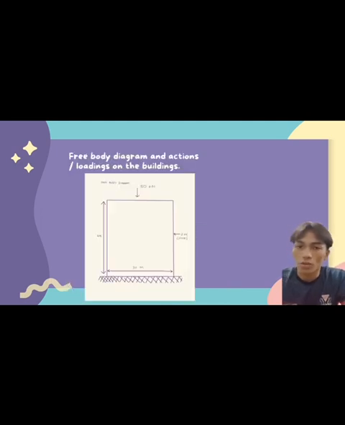So here I show you the free body diagram and action or loading on the building. I assume 30 kN as a load from the top, and I assume Ax is 2 kilonewton.